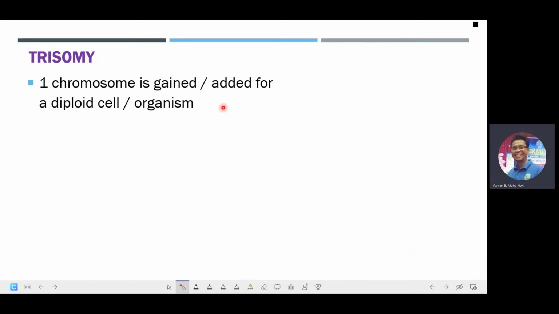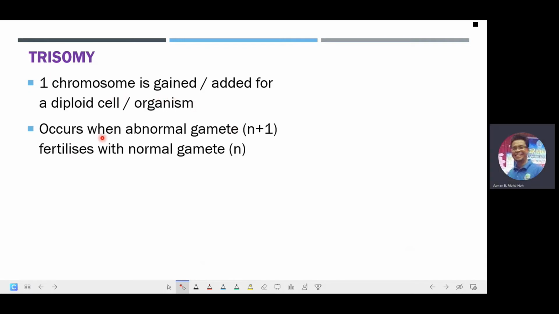Now, what about trisomy? Trisomy is a condition when a diploid cell or an organism is having one extra chromosome. This will occur when an abnormal gamete with one extra chromosome or the N+1 gamete fertilized with a normal gamete.